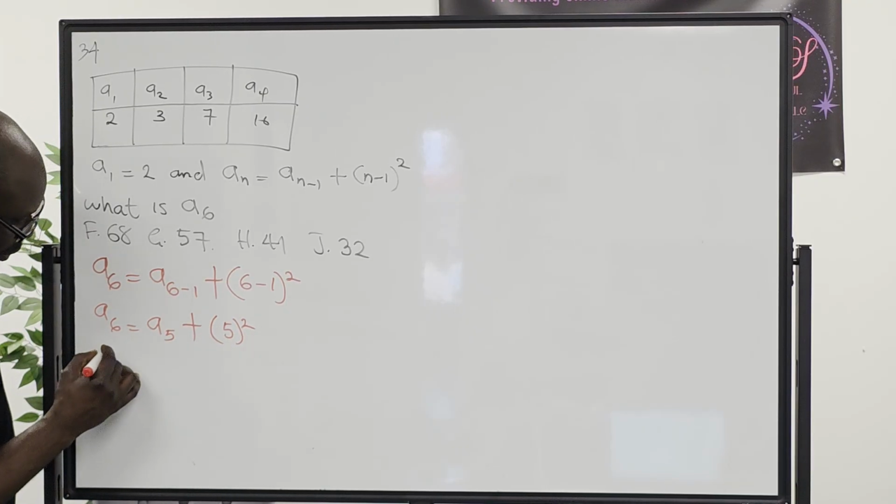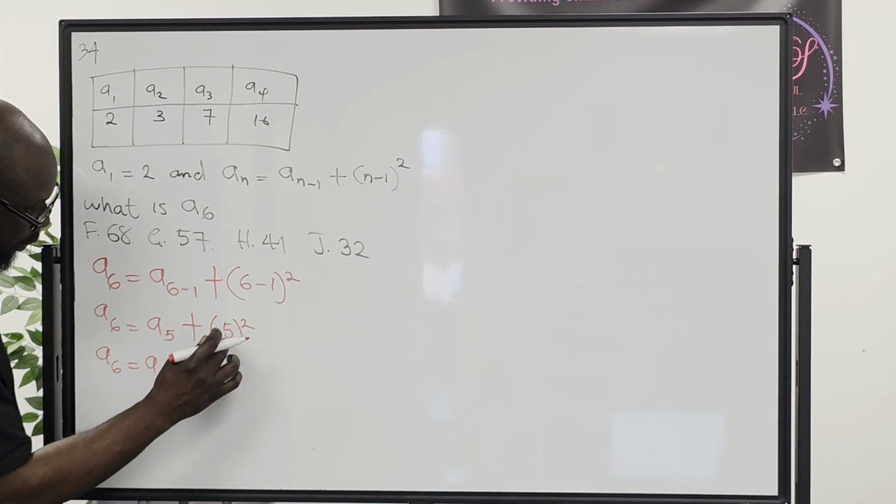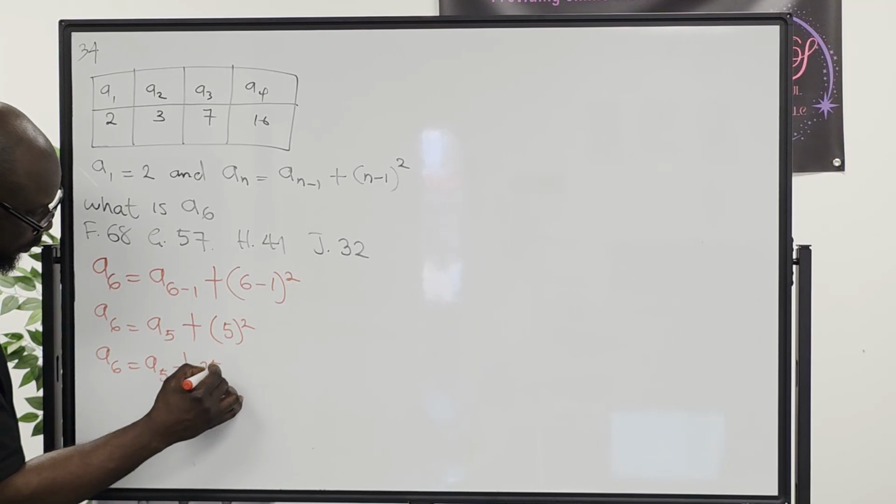So A6 is equal to A5 plus 5 squared, which is 25.